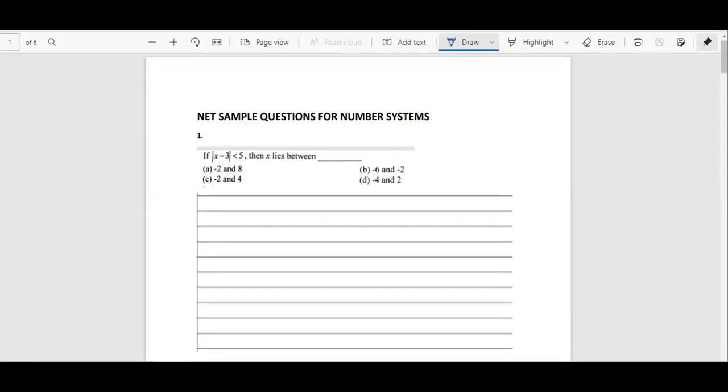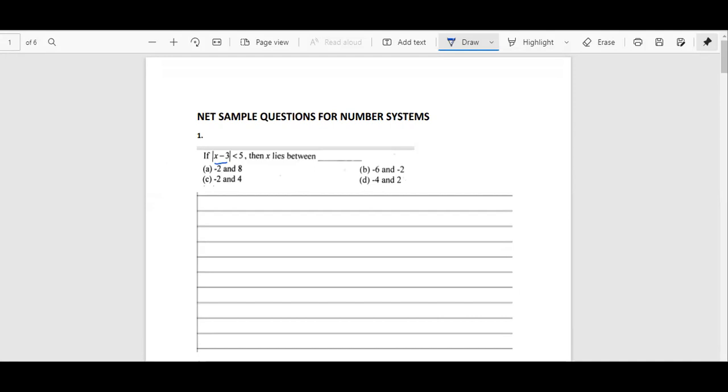Okay, so the very first question is, if |x minus 3| is less than 5, then x lies between. Now we have |x minus 3|, right? I've been telling you before this as well that whenever we have mod, either in an equation or in any inequality, we need to do a similar step.